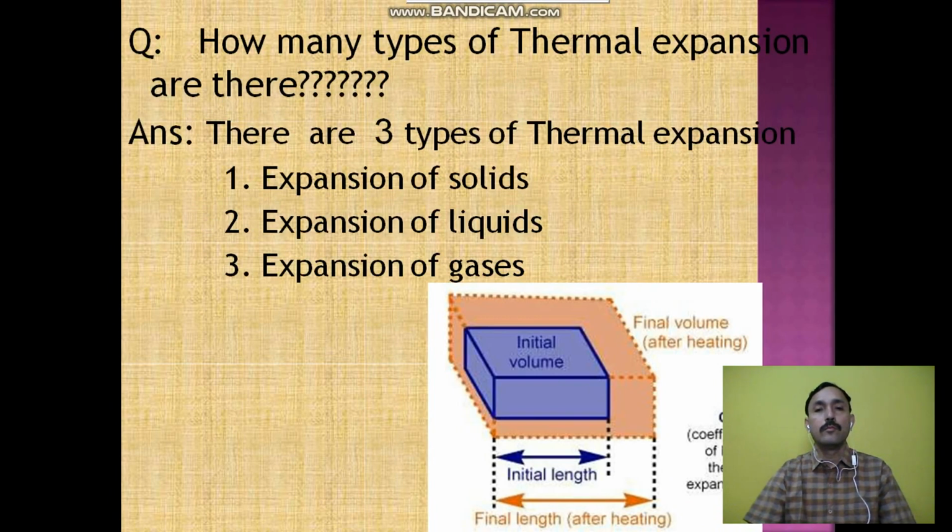So there are three types of thermal expansion. Number one is expansion of solids. Number two is expansion of liquids. And number three is expansion of gases. That means if we increase the temperature, the expansion from initial volume to final volume is the final expansion.